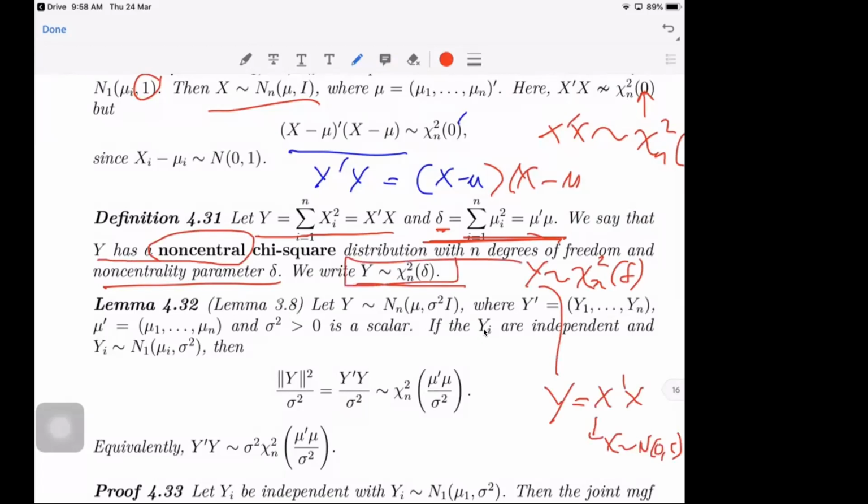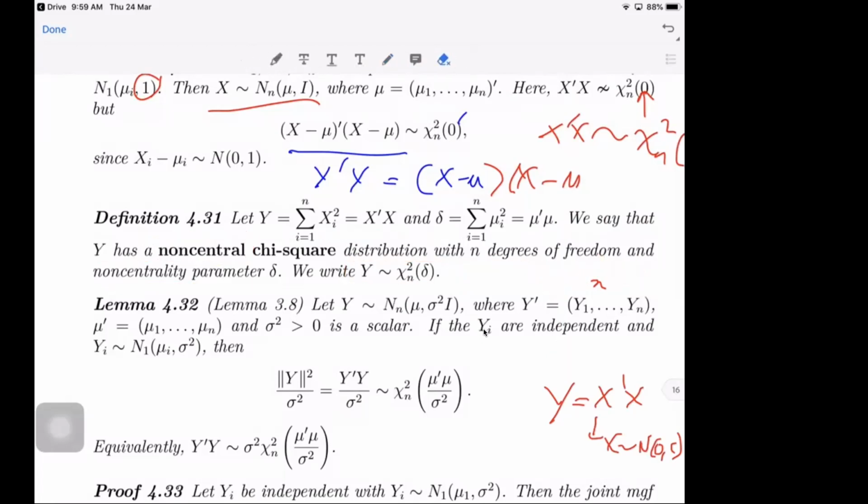Otherwise, it will not be central but non-central chi-square. Any questions so far? None, ma'am.